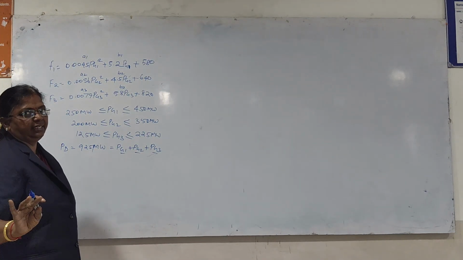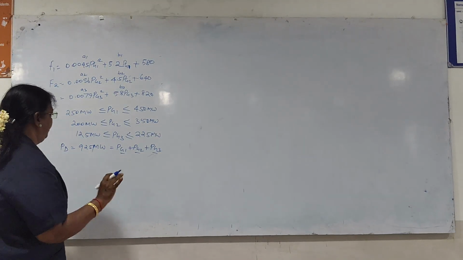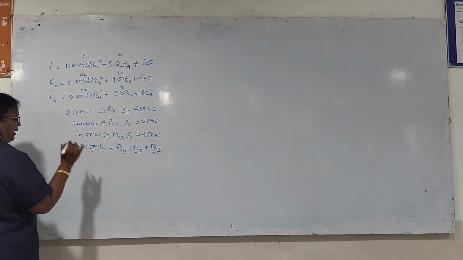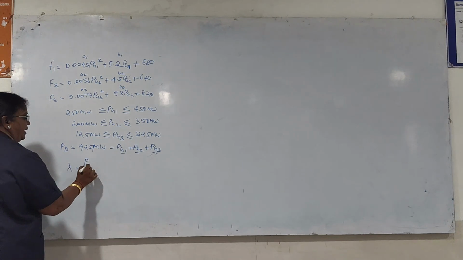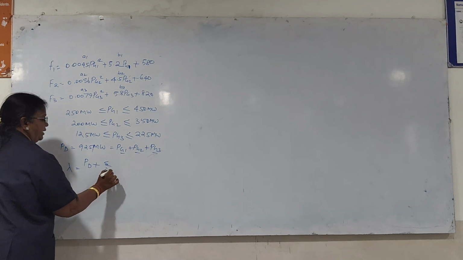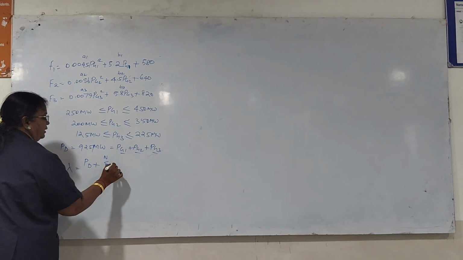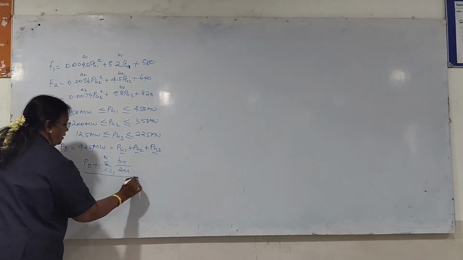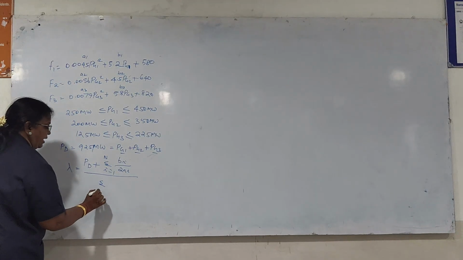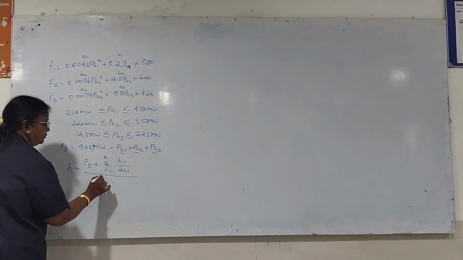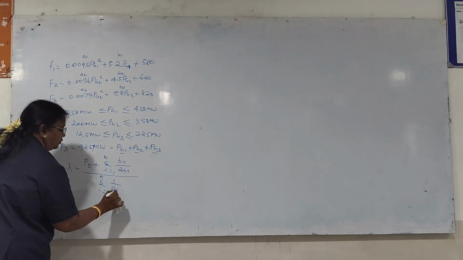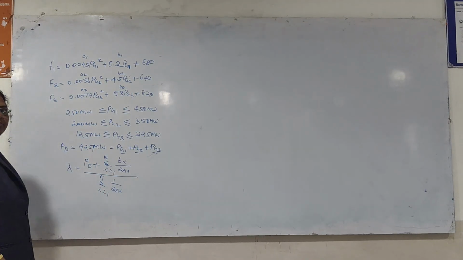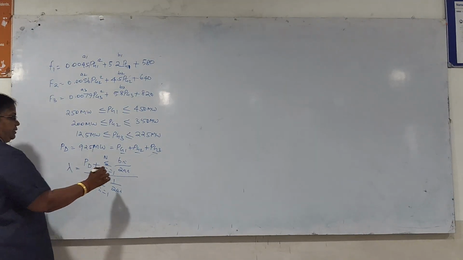For that, what is the first step? We have to find out the value of lambda. The formula is PD plus sigma i equals 1 to n of Bi by 2ai, divided by sigma i equals 1 to n of 1 by 2ai. Is it clear? Now we have to expand this.